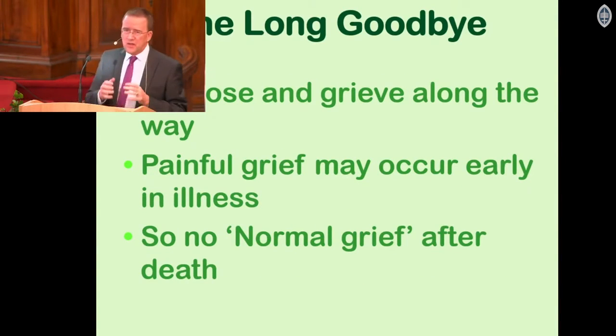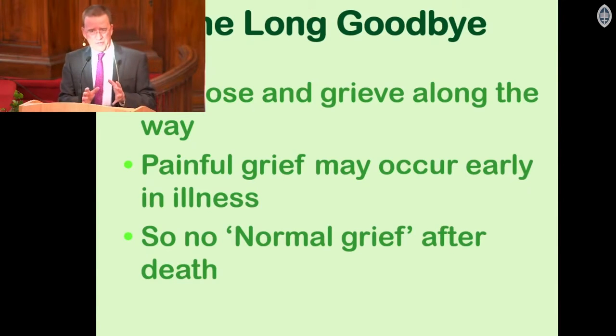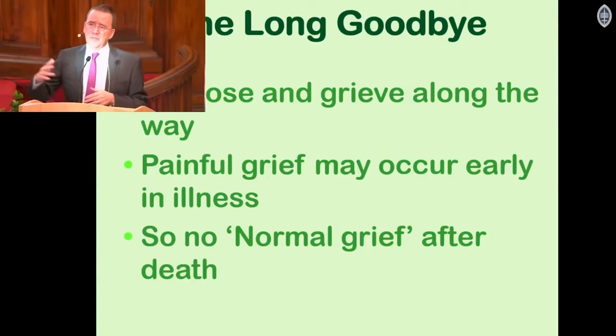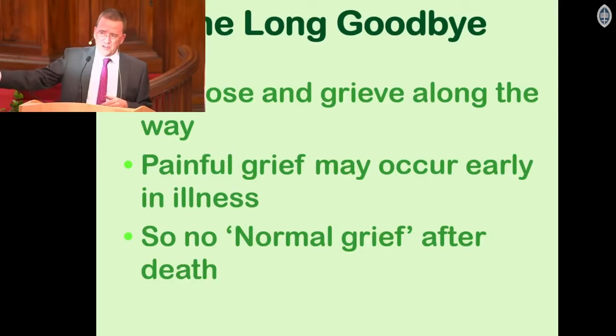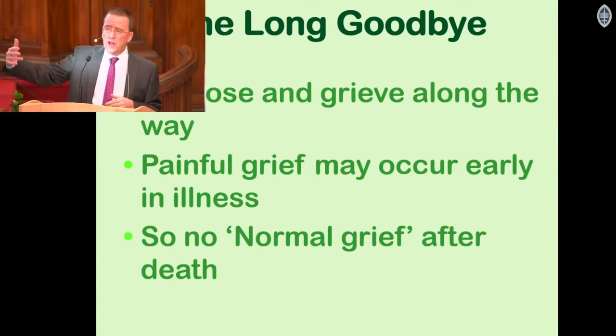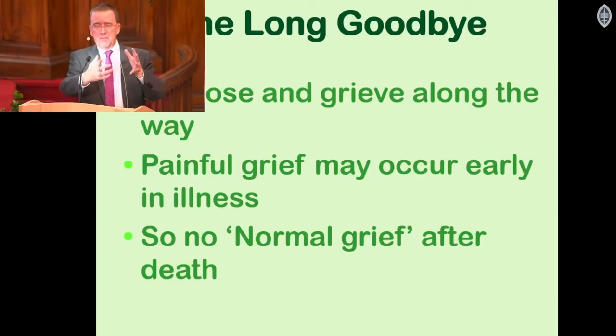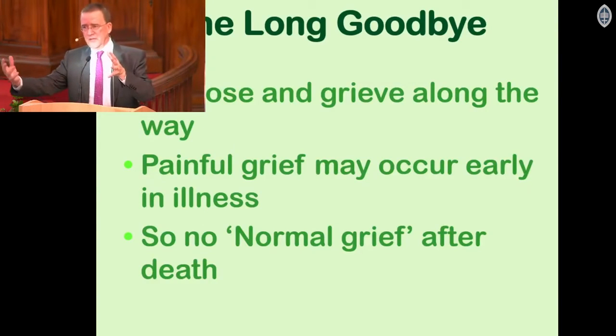So grief is something that goes along with dementia because it's a terminal illness. One thing this means is that by the time the person dies with dementia, a wife or husband left behind might actually not feel much grief at the end, because they've had years of being with a person as they've died.